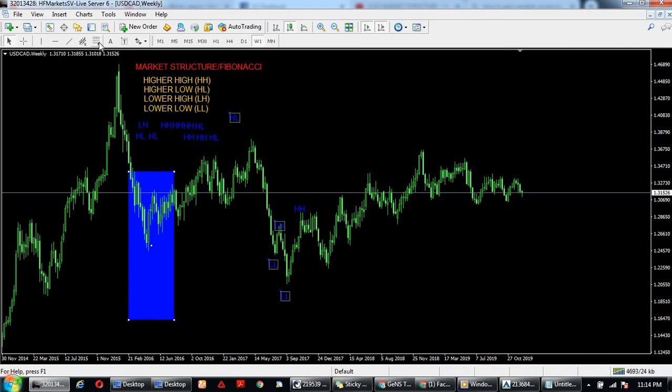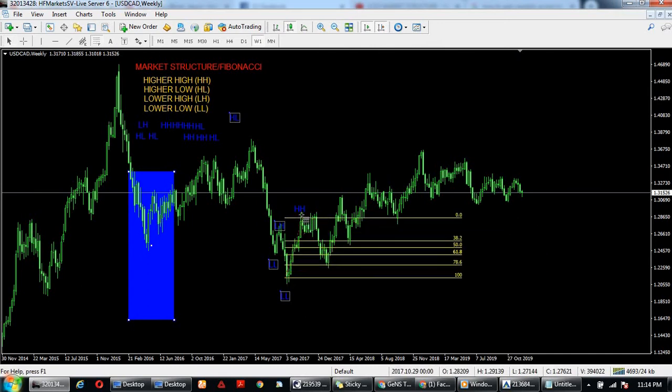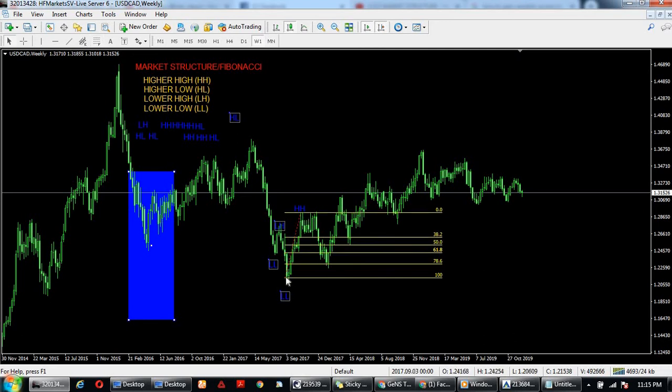Like I said in our previous video, Fibonacci is a very reliable tool for the job, and you can see we had a swing low and a swing high here. So we take our Fibonacci from the most recent swing low to the most recent swing high.